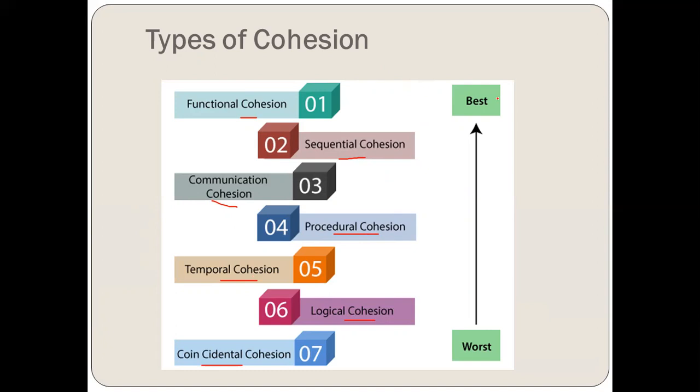So functional cohesion has the highest degree of cohesion, and coincidental cohesion has the lowest degree of cohesion. That is why functional cohesion is termed the best cohesion, and coincidental cohesion is termed the worst cohesion for a design.